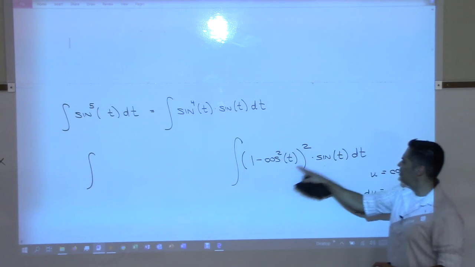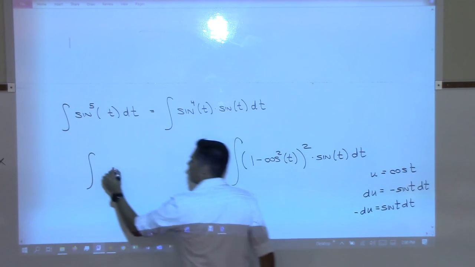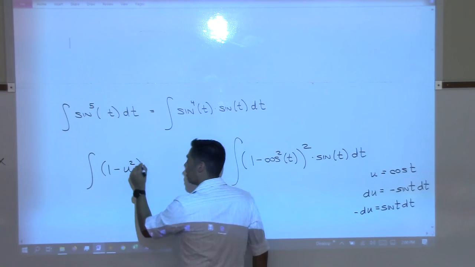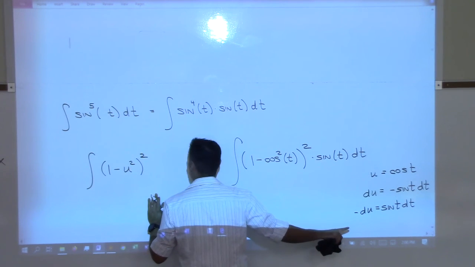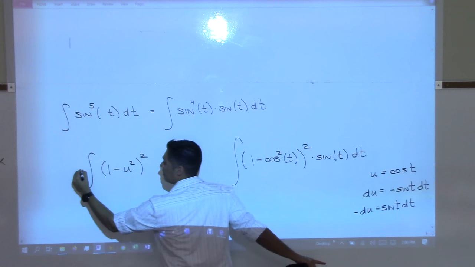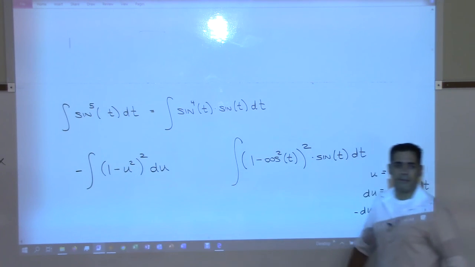We had taken this, and this is where we made the substitution. Oh, sorry. 1 minus u squared. 1 minus u squared in parentheses, right? Squared. And then all of that squared, you said? Okay. And then sine t dt is going to be negative du. So where do you want? Negative outside? Yeah. Okay, negative and then du. We all good with that?